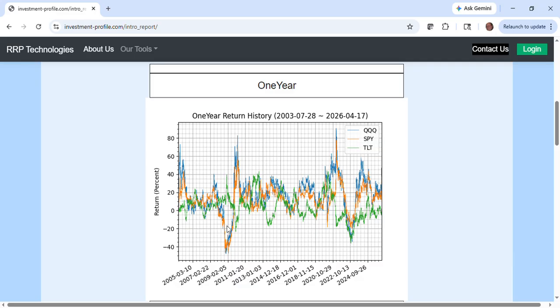So at that time, when spiders and QQQ were at their low, TLT was at its high. And that difference in behavior, or inverse correlation, is what gives the optimizer an opportunity to create a portfolio that has low variability in the price, or as low as possible.